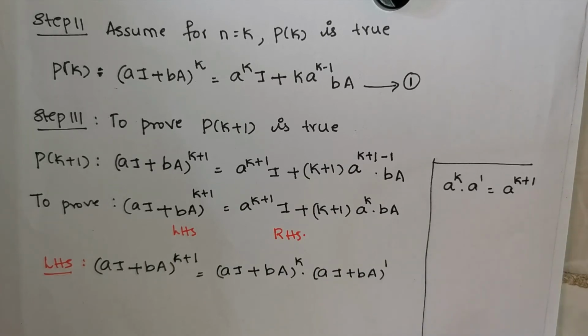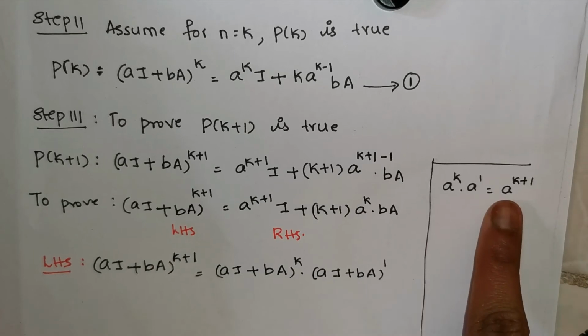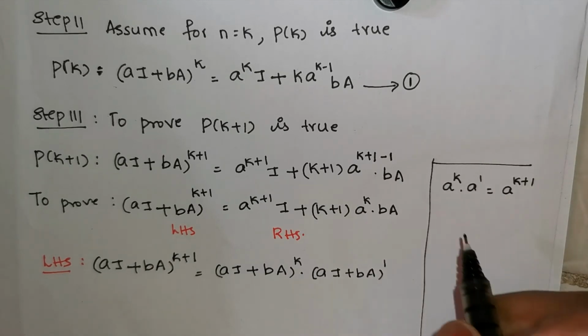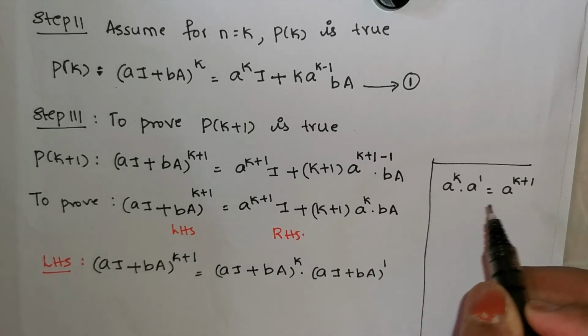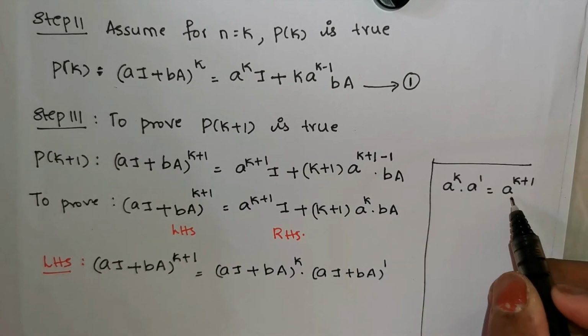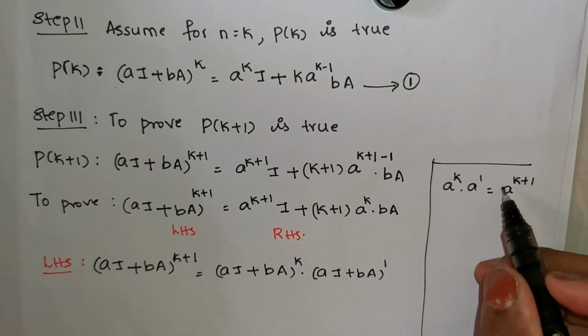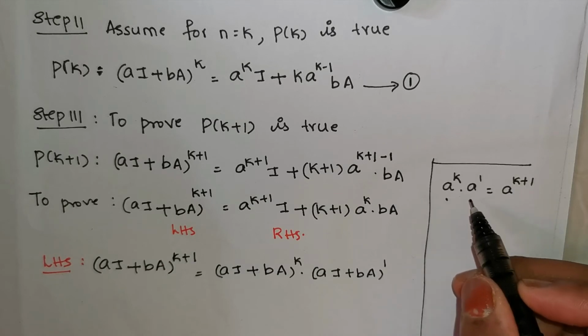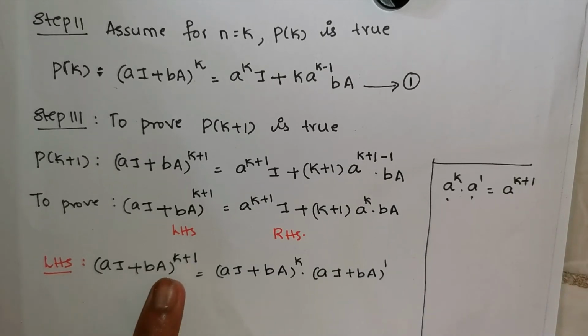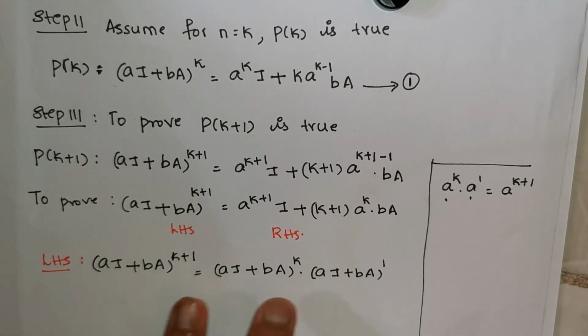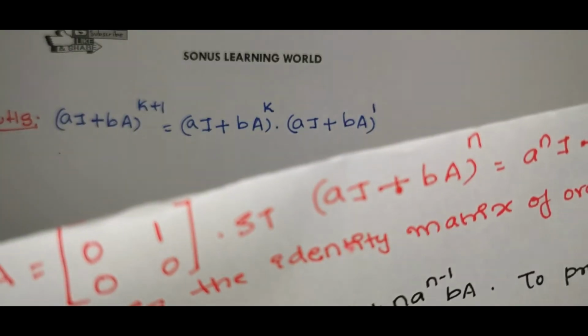We know x raised to m into x raised to n is always x raised to m plus n. So a raised to k plus 1 can be written as a raised to k into a raised to 1. Like that, instead of k plus 1, we are taking this term (ai plus ba) the whole raised to k into (ai plus ba) the whole raised to 1.